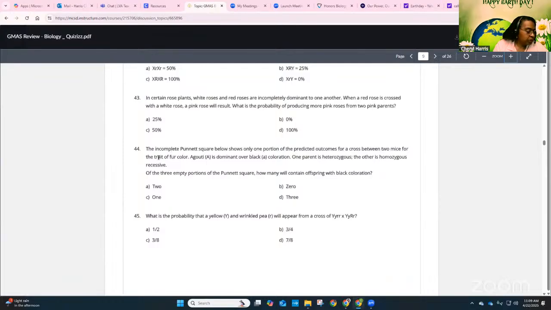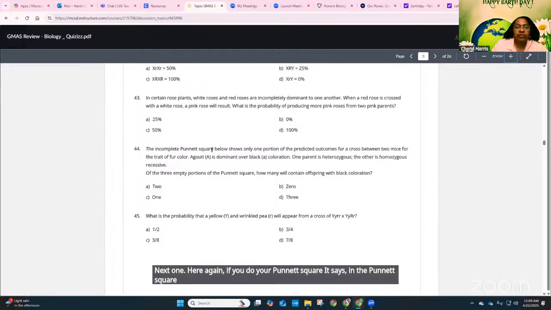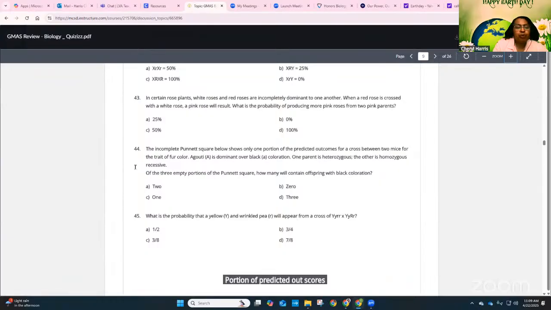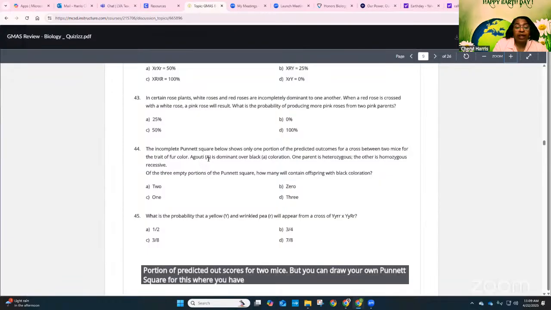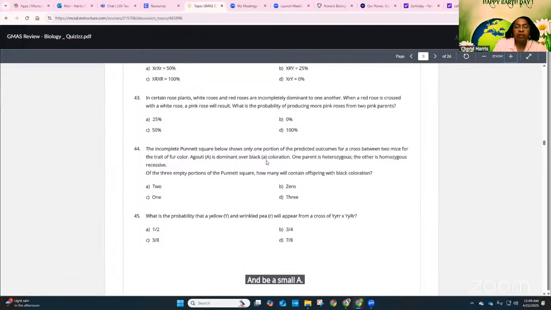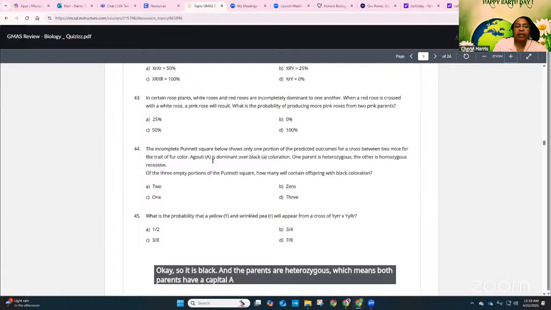Next one. Here again, if you do your Punnett square, it says in the Punnett square, I don't know where it says below because there isn't one, the portion of predicted offspring for two mice. But you can draw your own Punnett square for this, where capital A is dominant, lowercase a for black, lowercase a is black, and the parents are heterozygous, which means both parents have a capital A and a lowercase a.